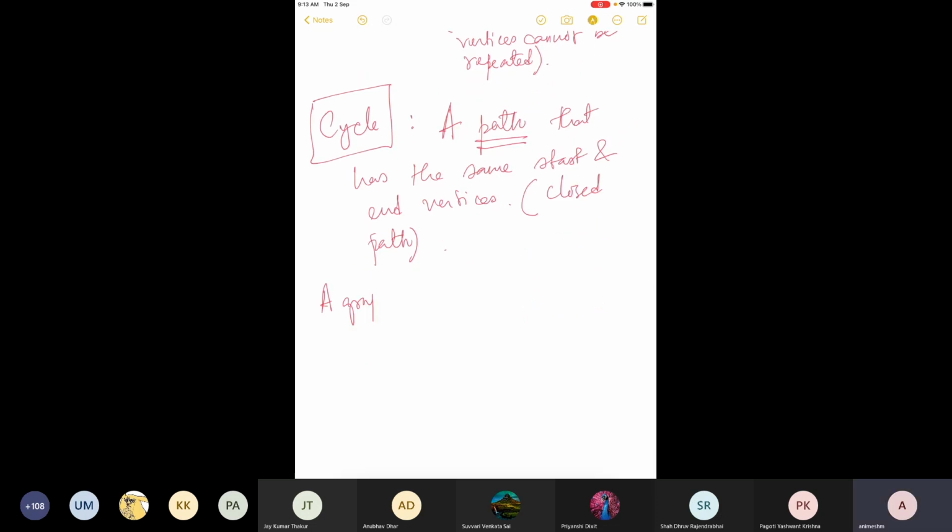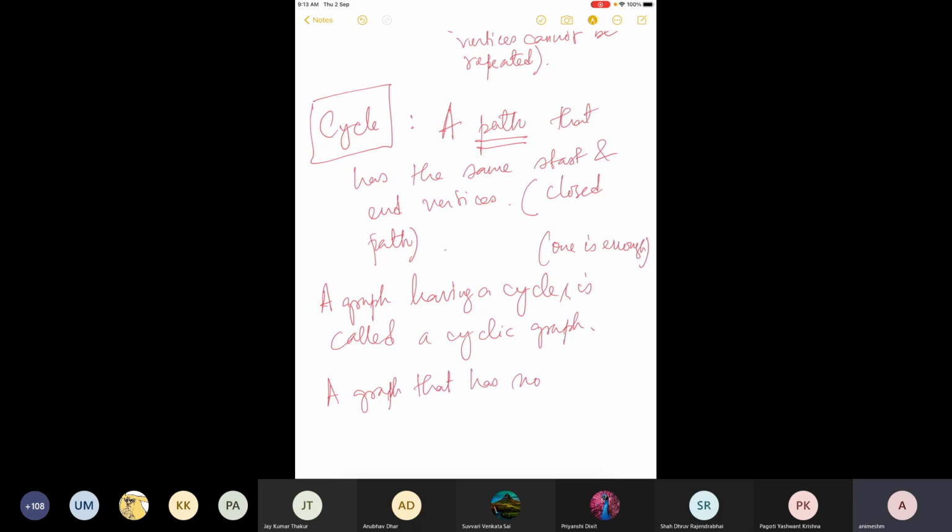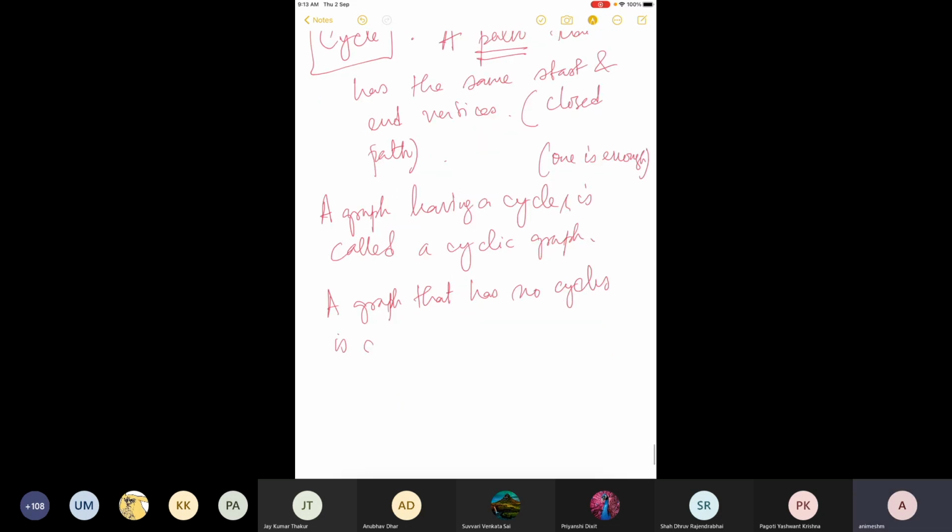A graph having a cycle is called a cyclic graph. One is enough. A graph that has no cycles is called an acyclic graph.